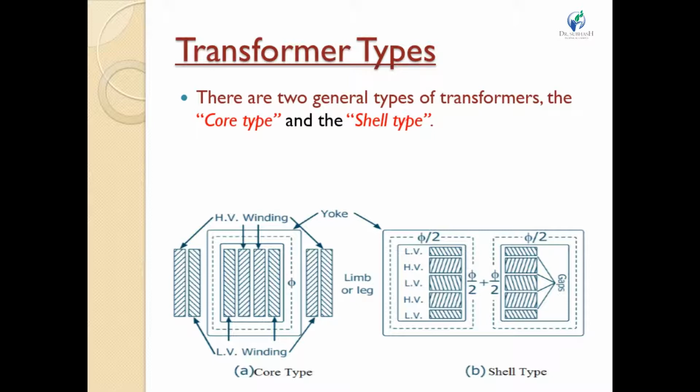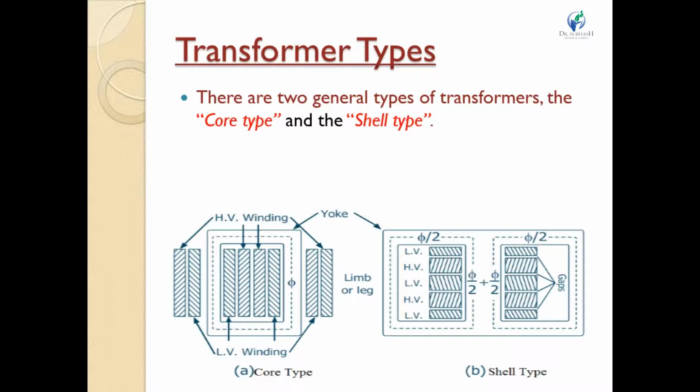In the core type transformer, the windings surround the iron core. Both windings are divided and half of each winding is placed on each limb. They are shown in figure number 1, so that the windings can be closely coupled together to keep leakage flux and hence leakage reactance very low.